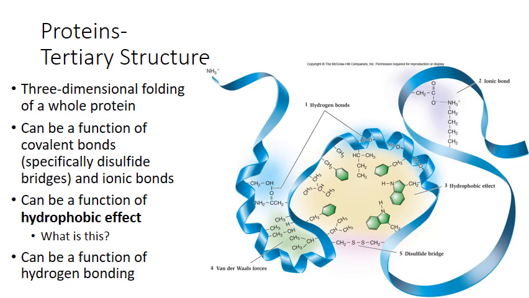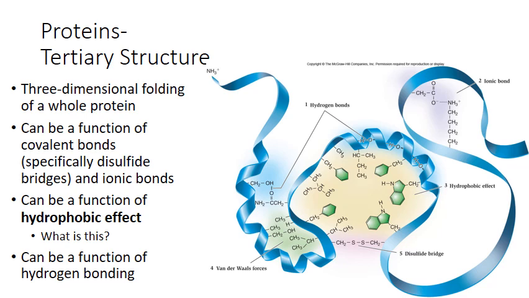You have the primary structure of the sequence, the secondary structure, just these small hydrogen bonds between amino acids that are near each other, and then this tertiary structure that is the entire protein in its three-dimensional shape. And the three-dimensional shape of the protein is what's going to dictate its function.